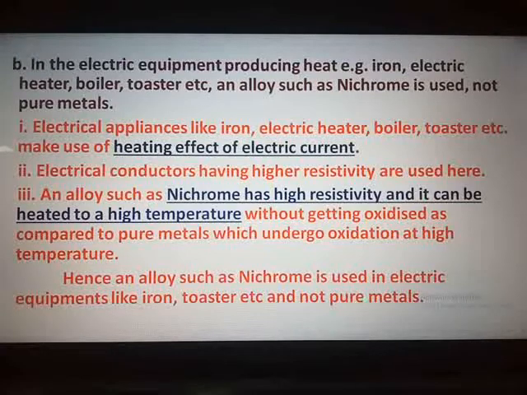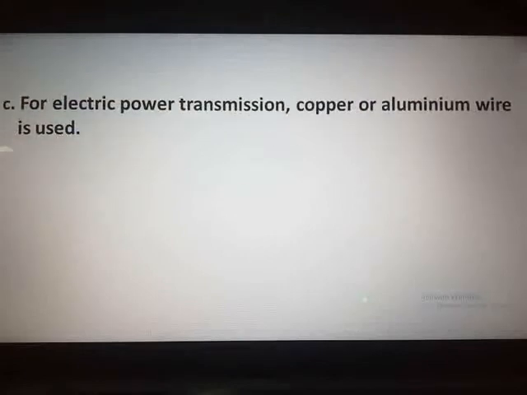The third one is for electric power transmission, copper or aluminium wire is used. 9th standard application again. You have studied in chapter number 3 current, electricity, conductors and insulators. Conductors are the substances which have low resistance and they have n number of free electrons to conduct electricity, and the examples were copper and aluminium.